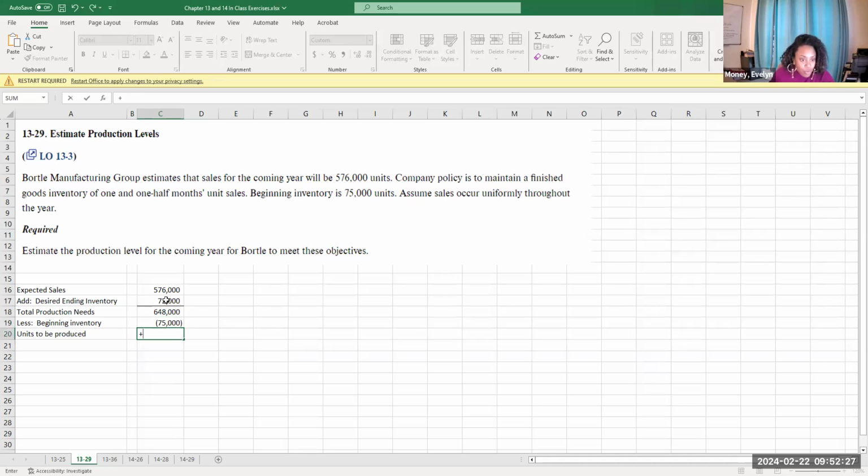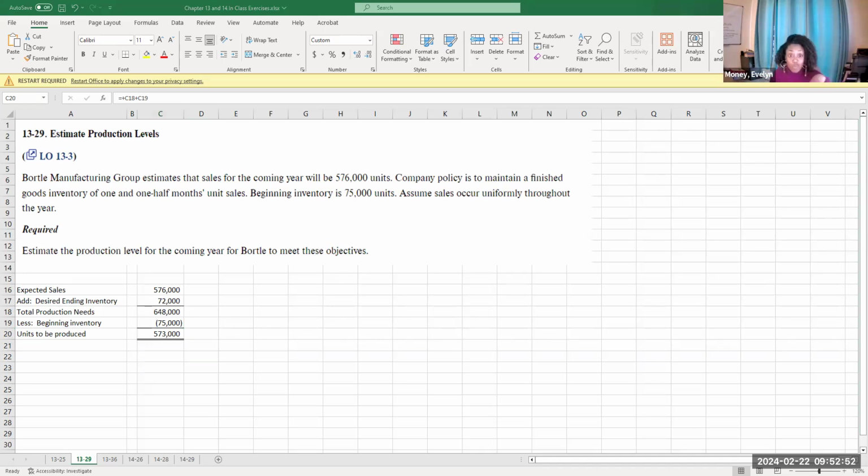But I already have some in beginning inventory, so I subtract my beginning inventory, because I don't need to produce the extra 75. I already have them on hand, so I'm not going to waste money and produce something I already have on hand. And when I add those together, that tells me that we need to produce 573,000 units for the period.